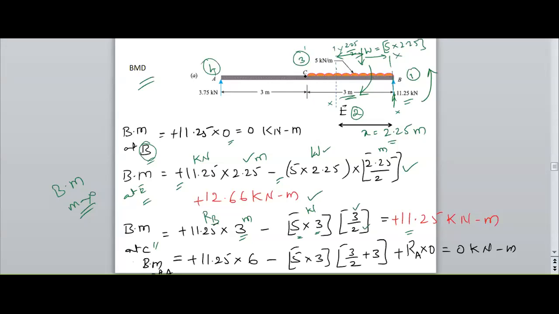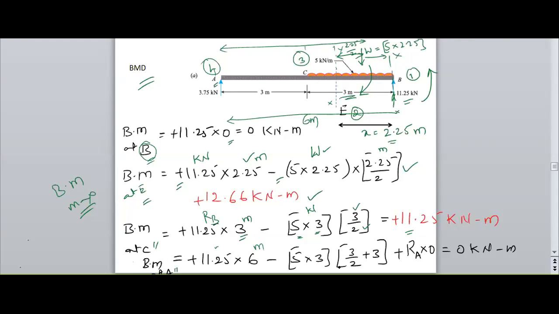Next point, after C, I have A. The point load is 11.25 and the distance from A is 6 meters. Next, I have converted this UDL into a point load and I need the distance from A to this point load.